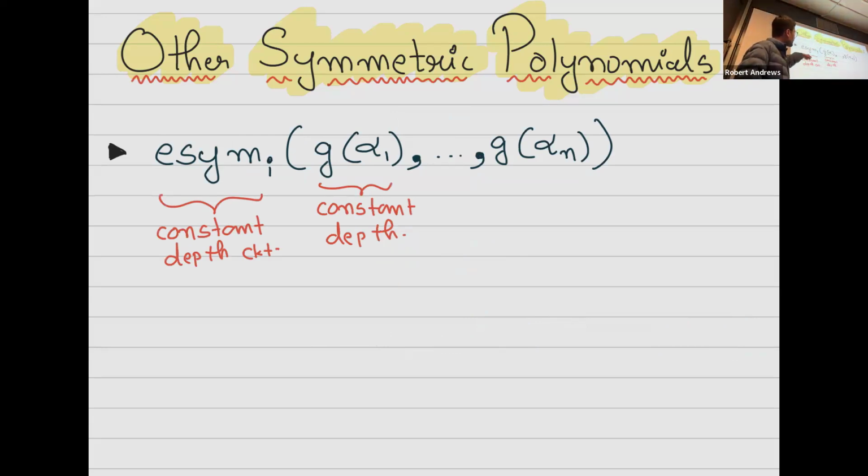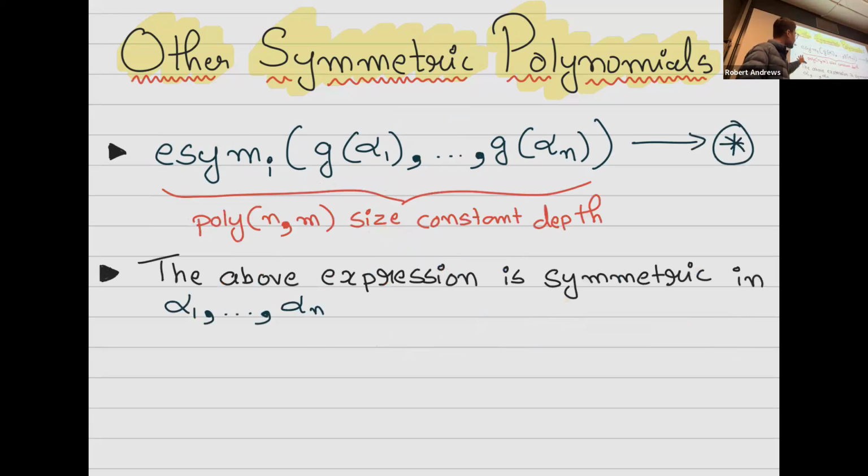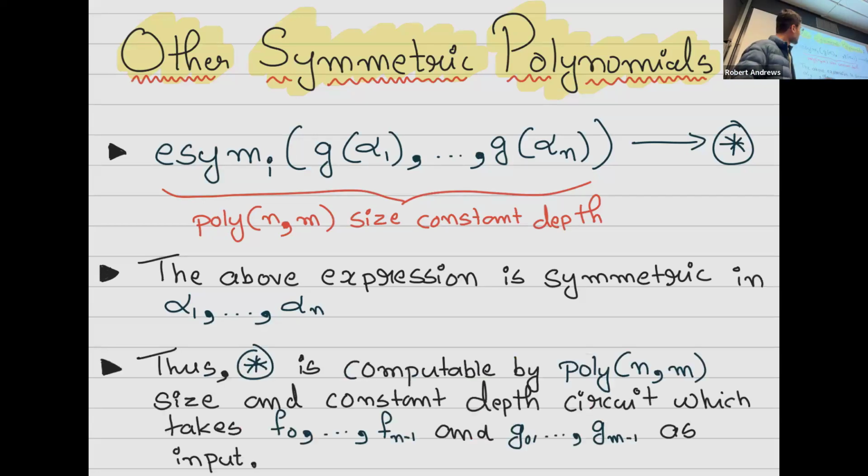So we saw that g of alpha 1 we can do in constant depth. It is known that the elementary symmetric polynomial is in constant depth. It is not a trivial fact. Since we know that both of them are in constant depth, we can do the whole thing in constant depth. Okay. So what that means is that I can compute this expression.